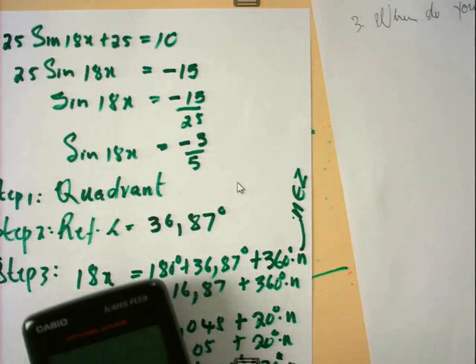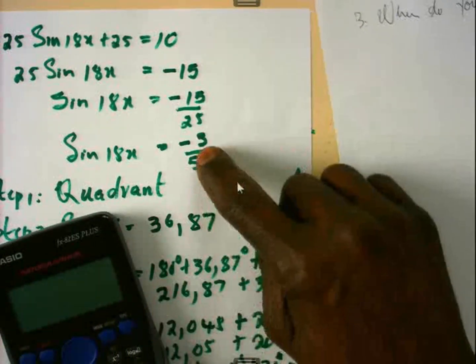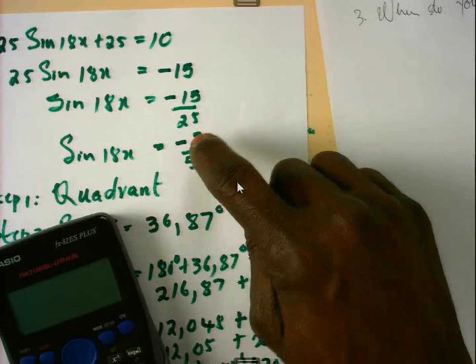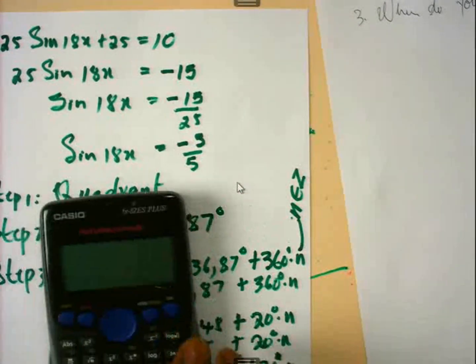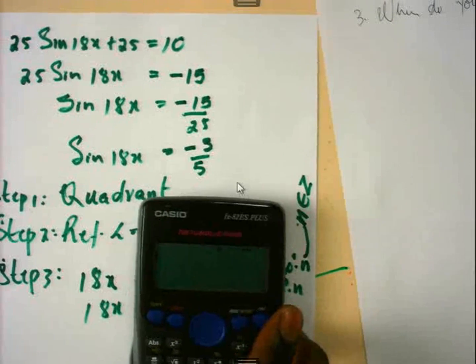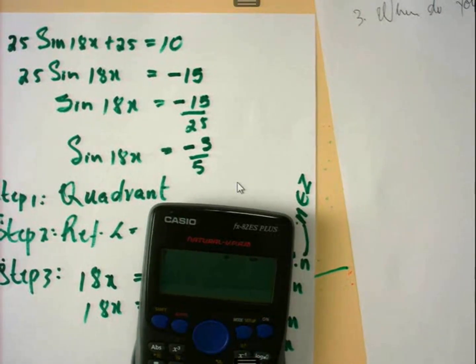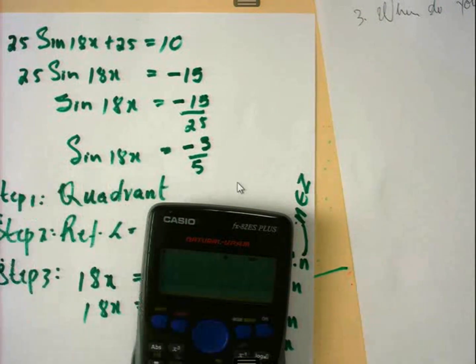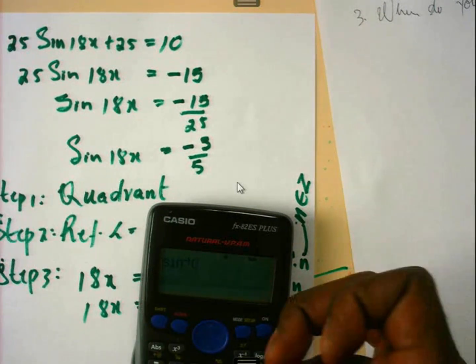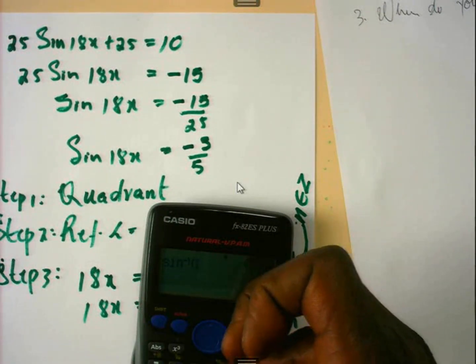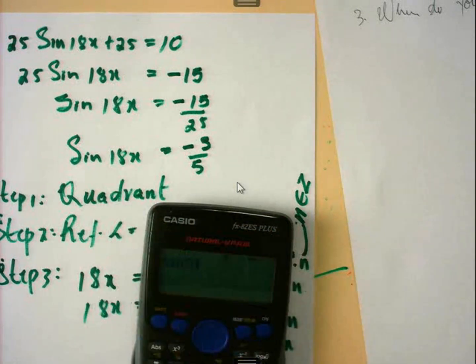So what we need to do is to find the reference angle. Let me switch my calculator on. We press shift, the second function. We are working with sine, so that will be the arc sine. The Casio is so nice to open the bracket for me, and it has the fraction as well.